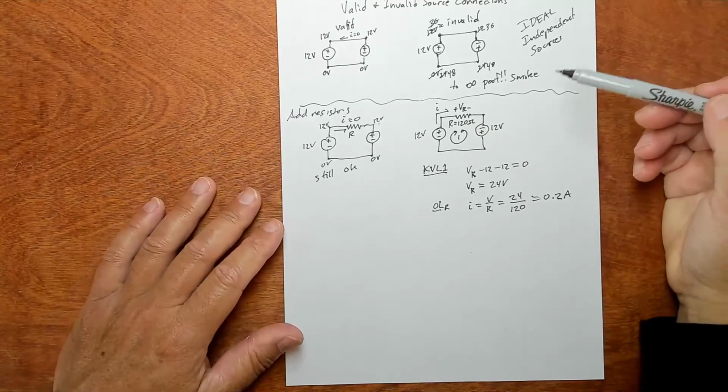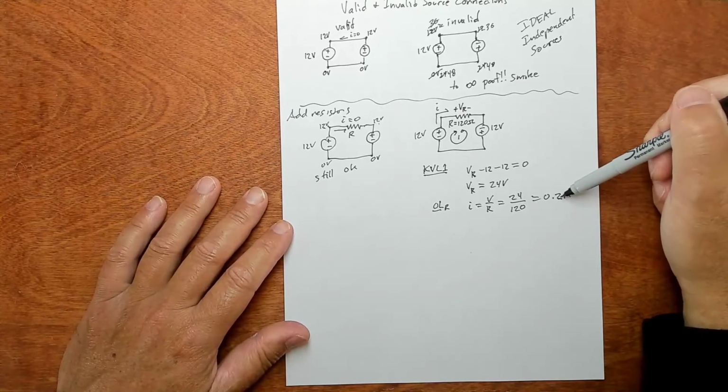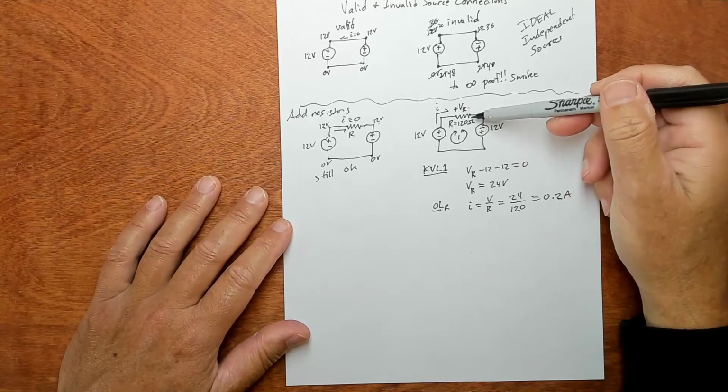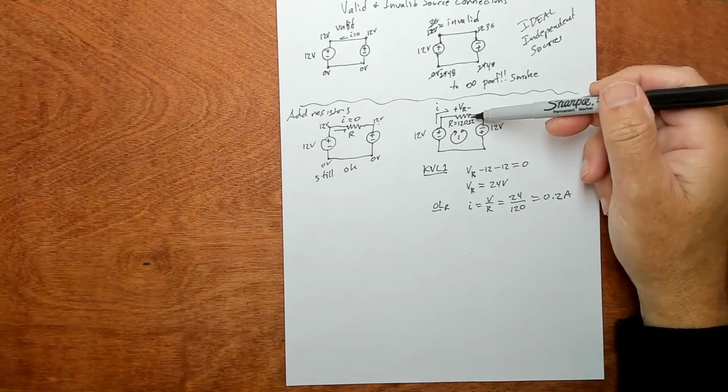Okay, so that's a pretty low current. You could play with these values and see what you get. If you had a lower resistance, then you're going to get a higher current, and if you have a higher resistance, you're going to get a lower current.